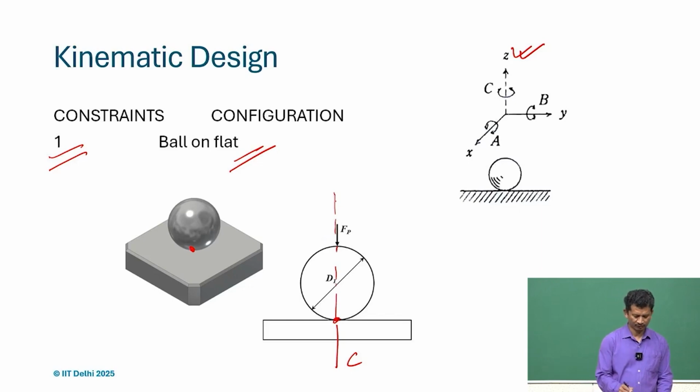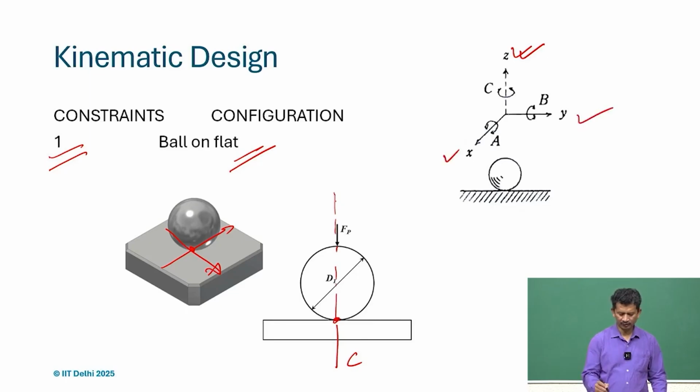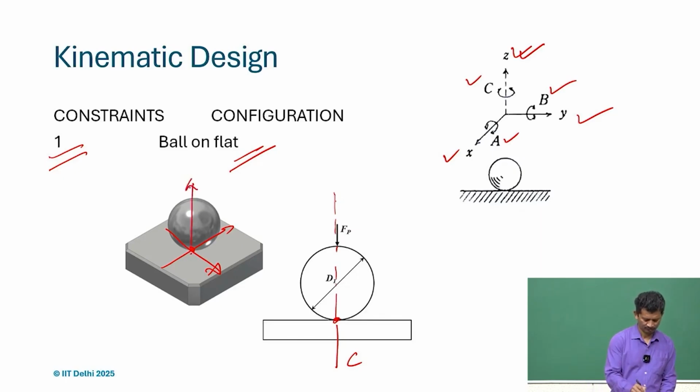The two translations along the surfaces, which are x and y, and all the rotations along x, y and the z direction are all possible. So just by defining one contact between the objects, we can impose one constraint and remove 1 degree of freedom.